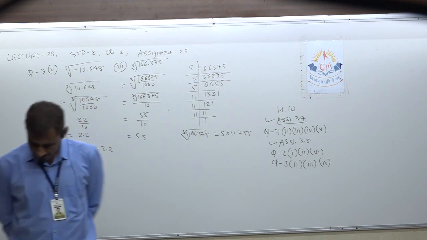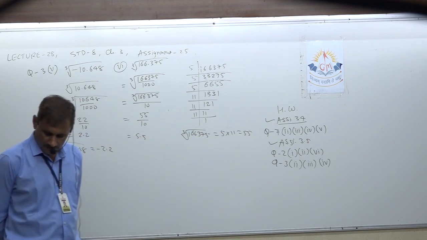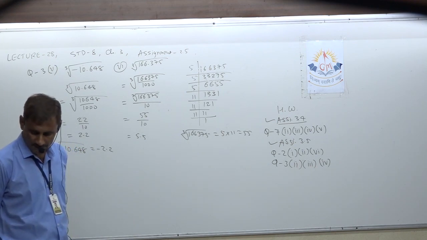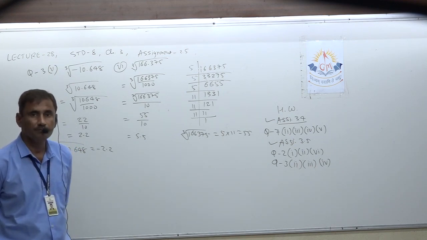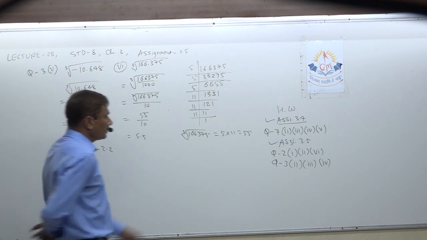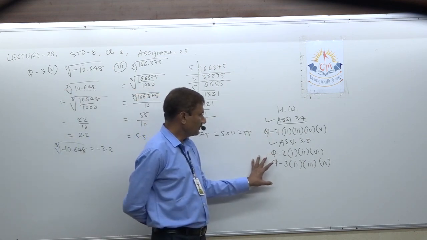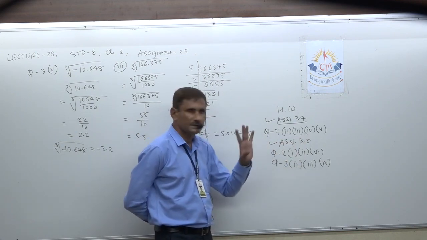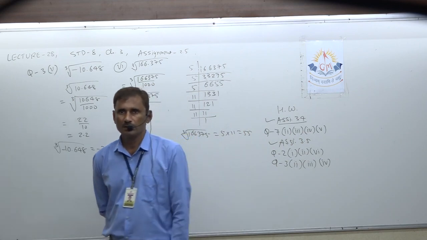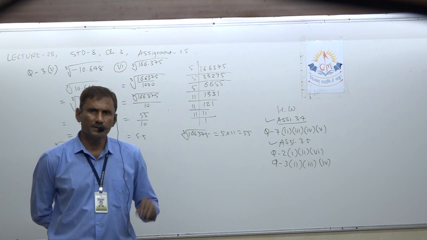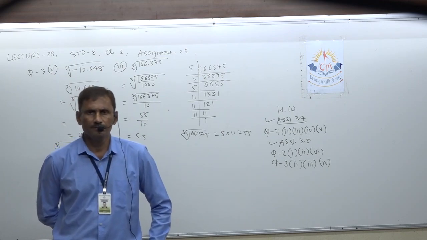So far we discussed some questions of assignment 3.4 and assignment 3.5 main questions number 1 to 3 today. And accordingly you are given homework also. In total 3 plus 3 is 6 plus 4, 10 sums are given in homework today. Okay, so everywhere the same method will be there. So just understand them and try to solve them.